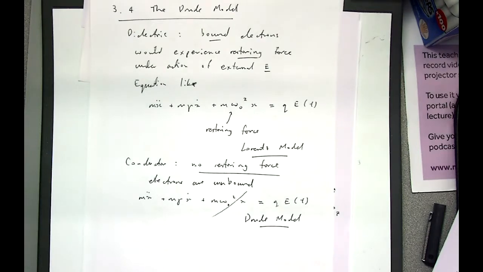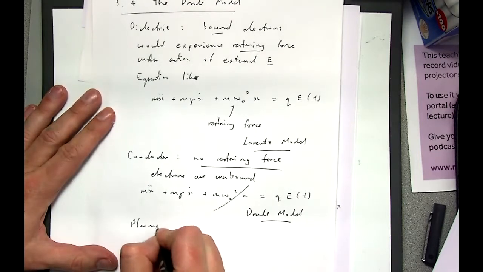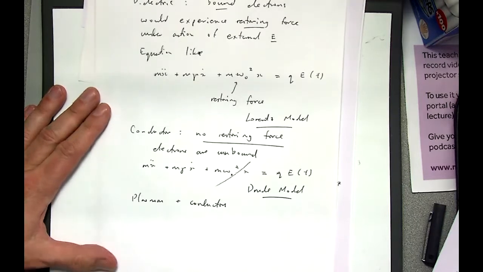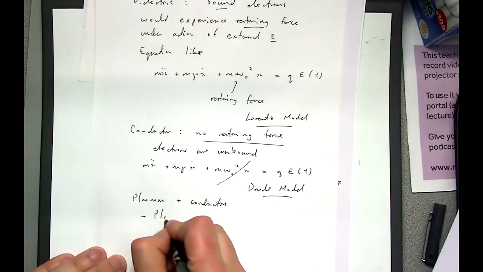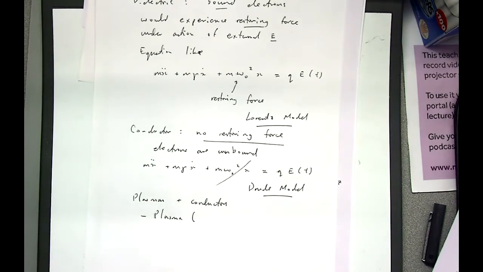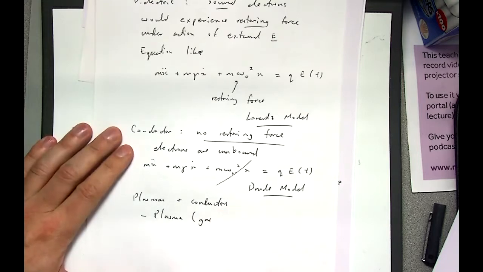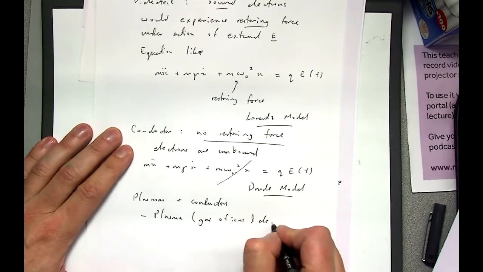So this model will apply to any situation where the electrons experience no restoring force. So it applies to plasmas and conductors. They can be treated in the same way, where the same physical phenomena arise. So let's remind ourselves, and define explicitly what a plasma is here. There are different kinds of plasmas, but the ones we'll think of here are effectively a gas of positively charged ions and electrons.